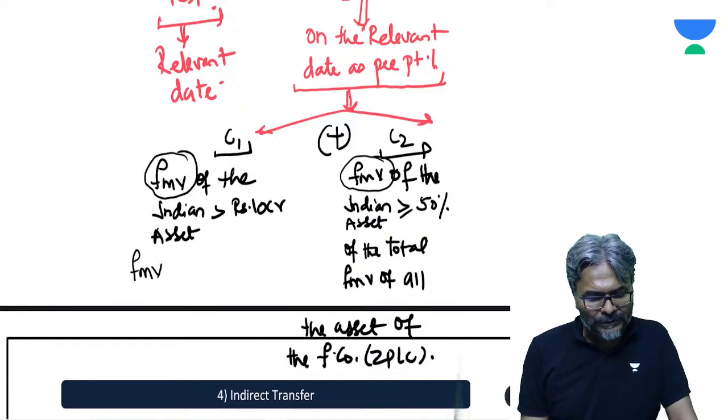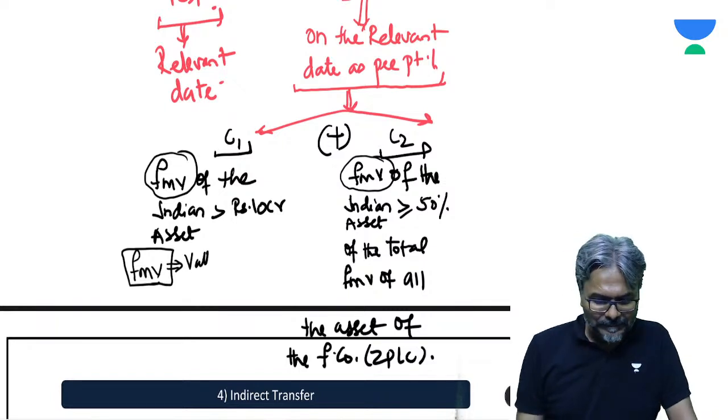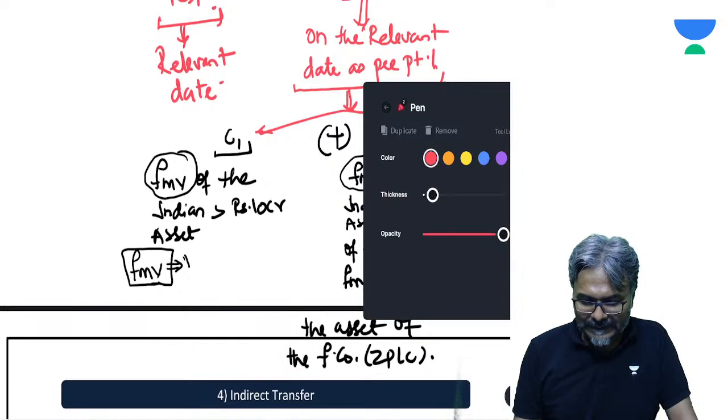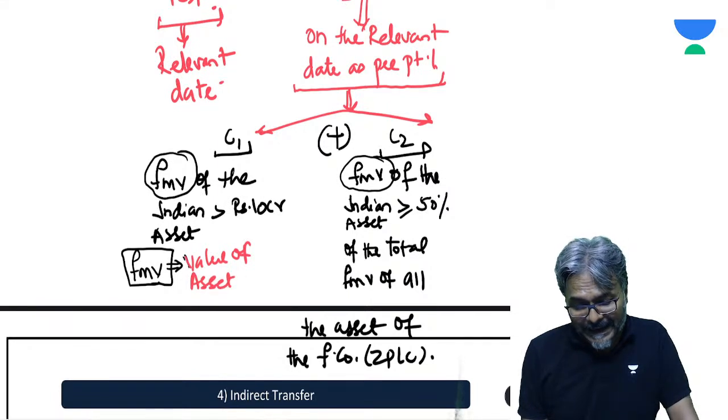Students, here the fair market value is the value of the asset, FMV is the value of the asset in this context. And please add what? Any corresponding liability on that asset.